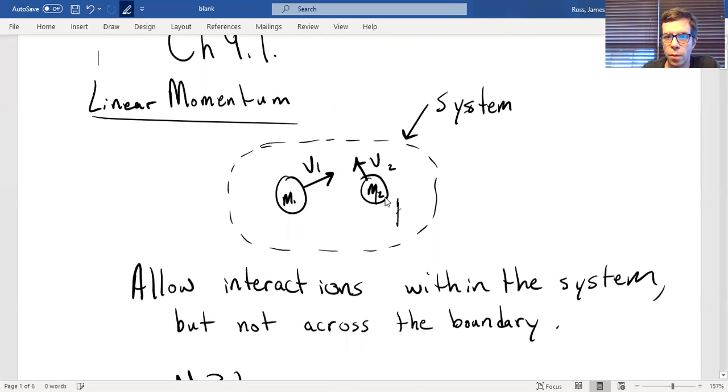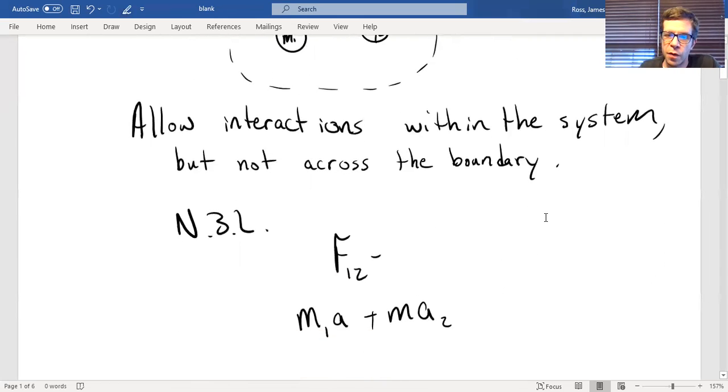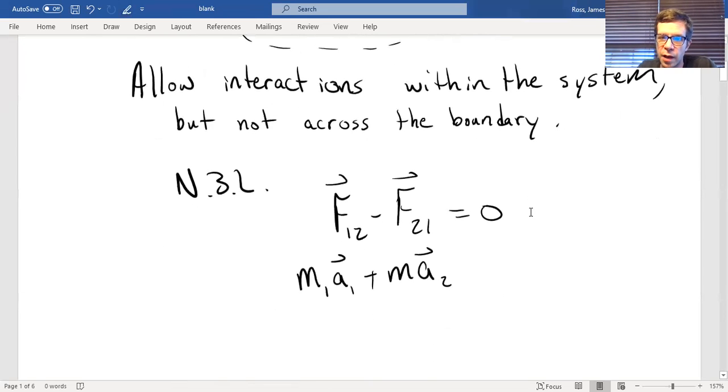Since they're equal and opposite directions, I can write it as a vector sum that's equal to 0. So by Newton's third law, if there's no interactions across the boundary and they're only interacting with each other, and I know these forces are equal and opposite, then they add to 0.